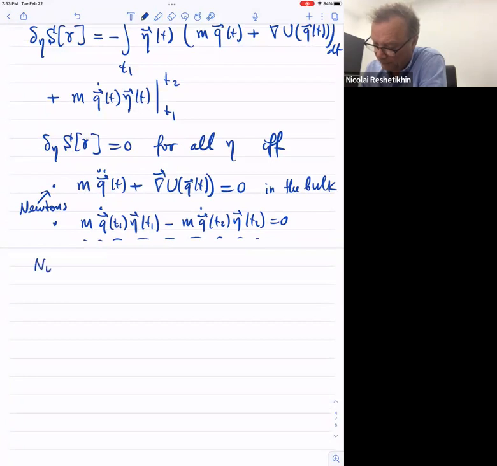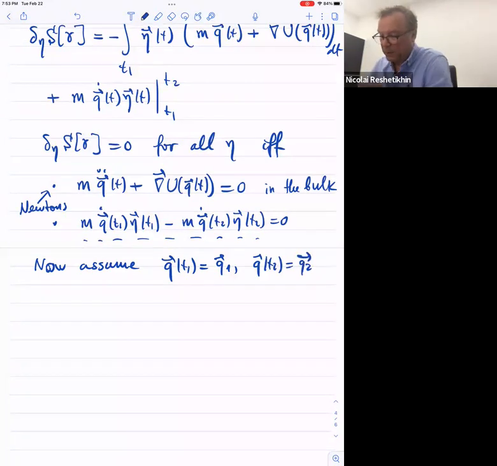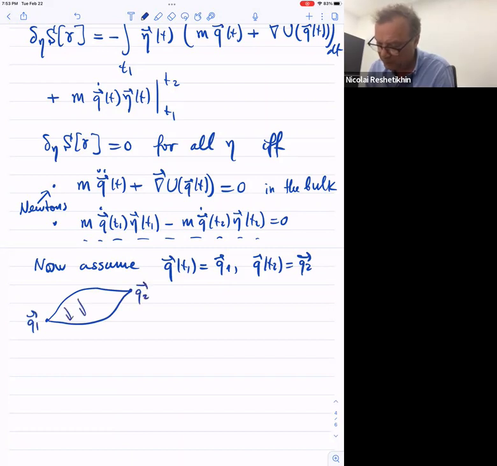So now assume that q t1 is fixed, let's say by q1, and q t2 is fixed by q2. Since q at the boundaries is fixed, when we do the variation, we can only vary this path inside the interval t1, t2, not at the boundaries.